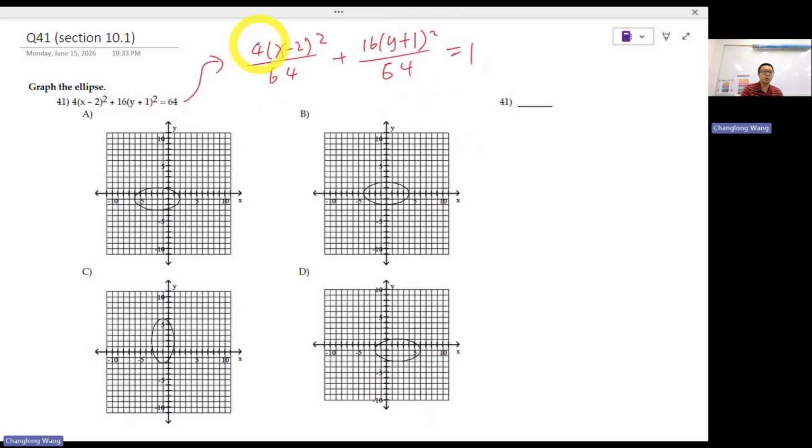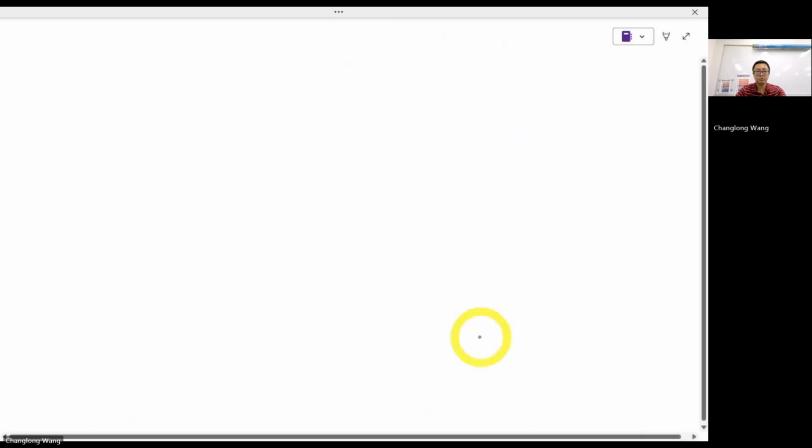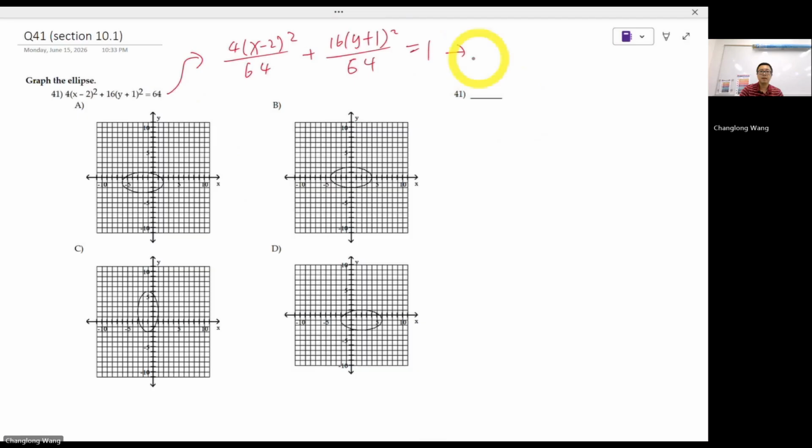Then you're going to divide out the 4 and the 16 to make sure you only have the perfect square on the numerator. So that will turn into, let me zoom out just a little bit, (x minus 2) squared over 16 plus (y plus 1) squared over 4 equals 1.